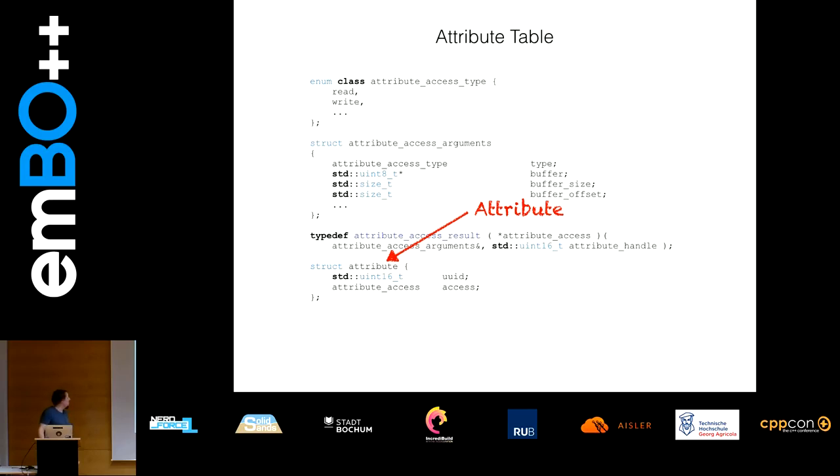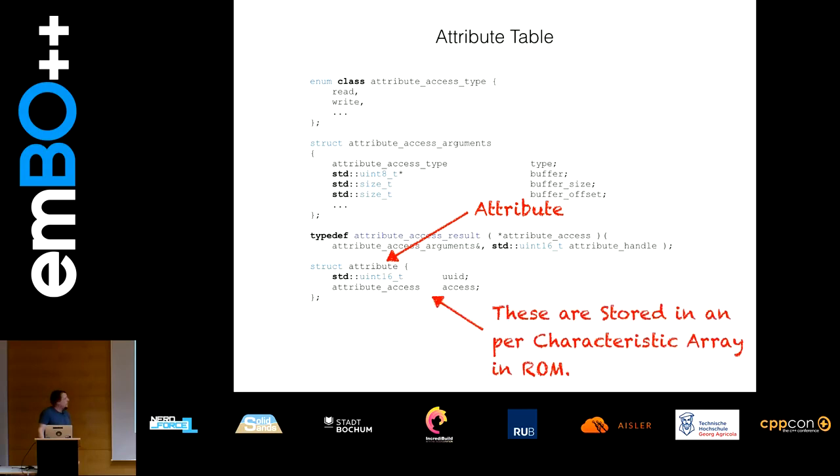And we have a second function, that implements access to the value of the attribute. That is just a function pointer. And the library will generate functions based on what you decided how your attribute table looks like. And these attributes are stored completely in ROM. These are tiny arrays per characteristic, and you can easily look up which handle belongs to which characteristic.